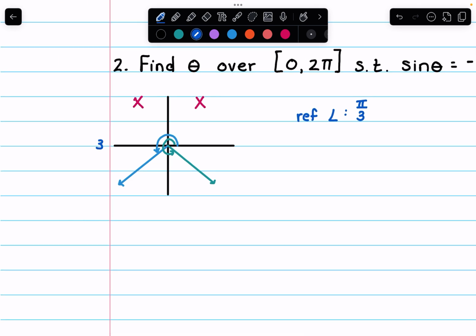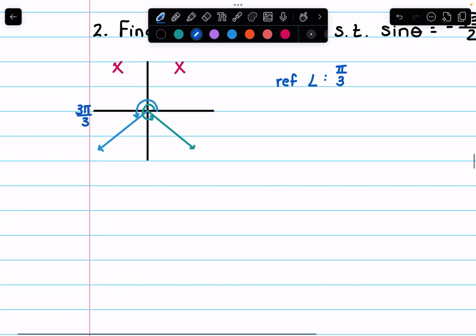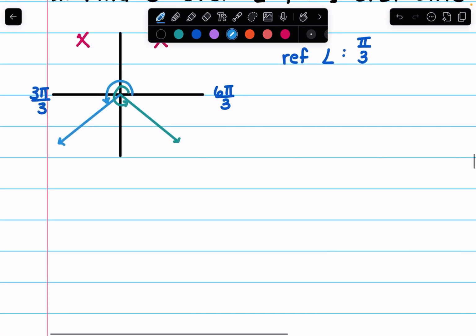So this would make this 3 pi over 3. And then at 2 pi, it would make it 6 pi over 3 because it needs to say 2 pi. So that light blue angle would be 1 forward, so 4 pi over 3. And then my green would be 1 back from 6 pi over 3, so 5 pi over 3.